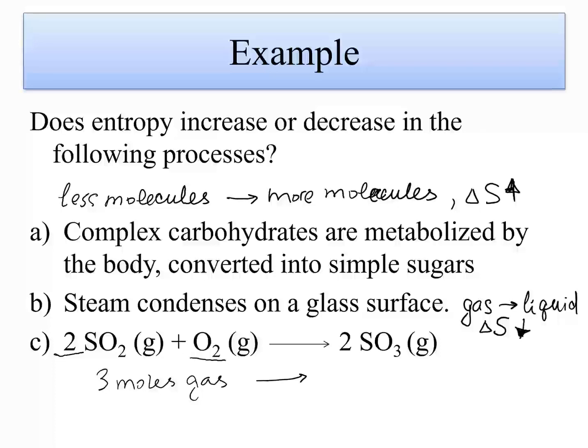On the right, we have only 2 moles of sulfur trioxide gas, which means that we go from a larger number of moles of gas molecules to a fewer number of molecules, which decreases the entropy. So molecular disorder is going down. Delta S is going to be decreasing.